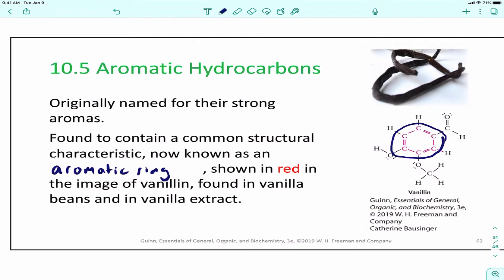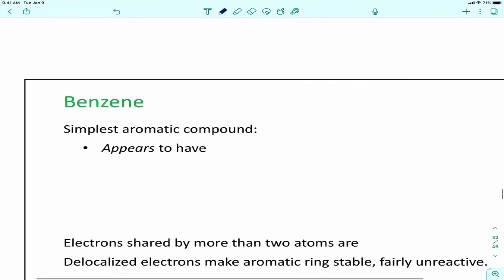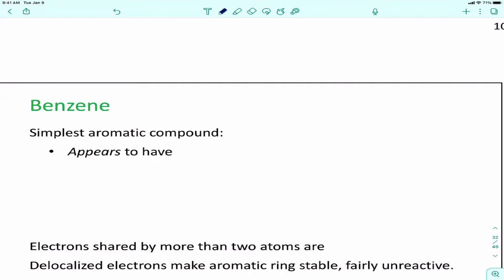The simplest aromatic compound is called benzene. So benzene has a structure like this. Let me draw this in. Okay, so I'm going to draw the Lewis structure. Oops, I drew too many carbons. All right, so each of these carbons contains 1 hydrogen.